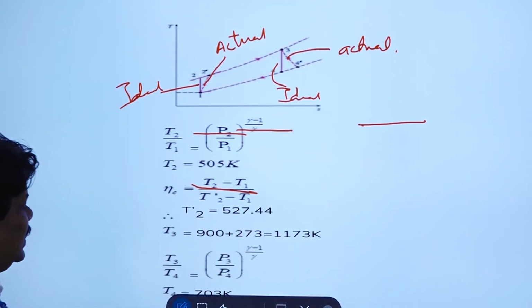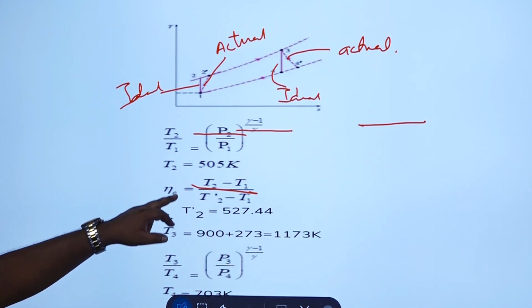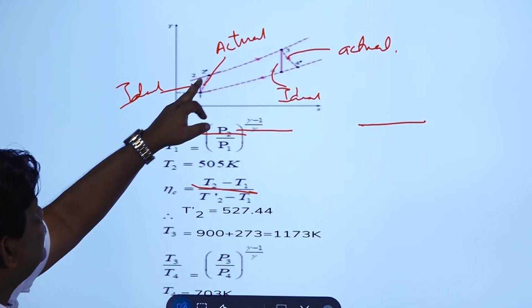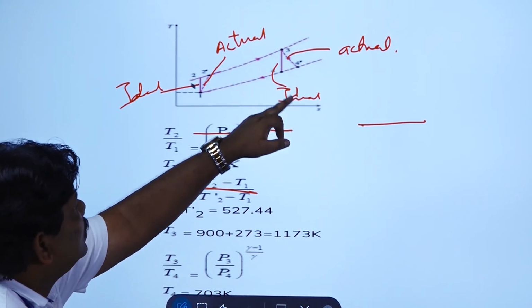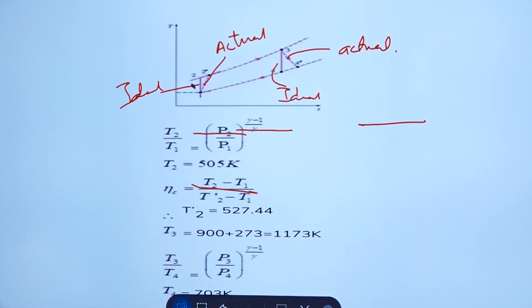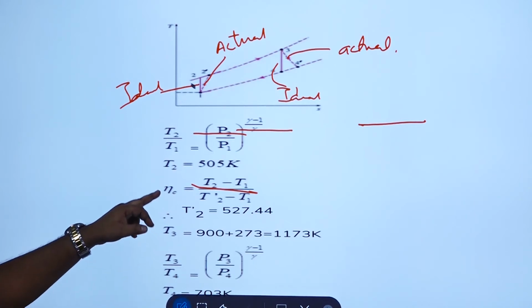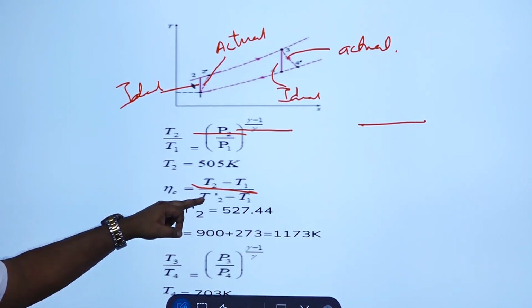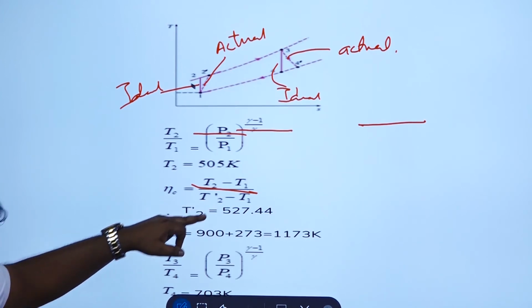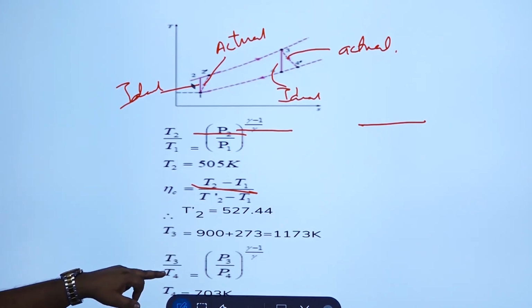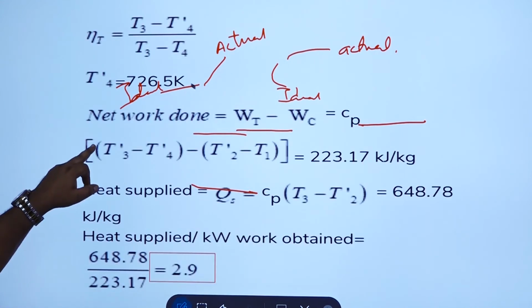Okay, so you can see that the efficiency of the compressor is ideal by actual, and for the turbine it is actual by ideal. You can find that using the PVT relation, find the unknown and substitute in this equation, and similarly for turbine 3 to 4, use the PVT relation, find the unknown and substitute in that equation.